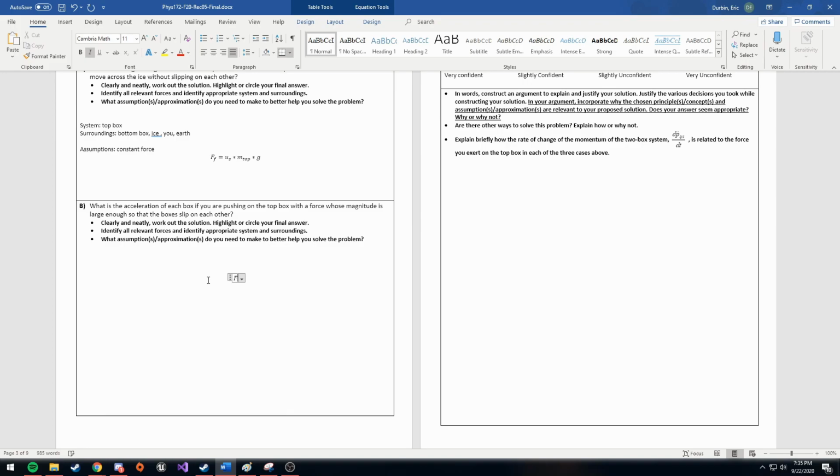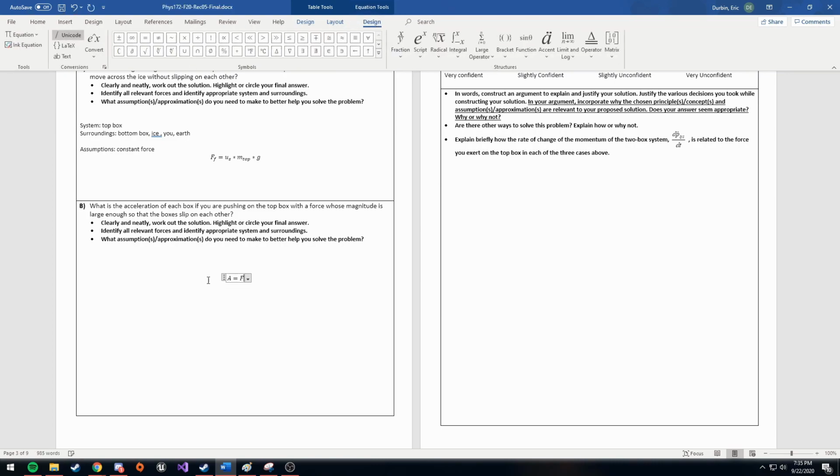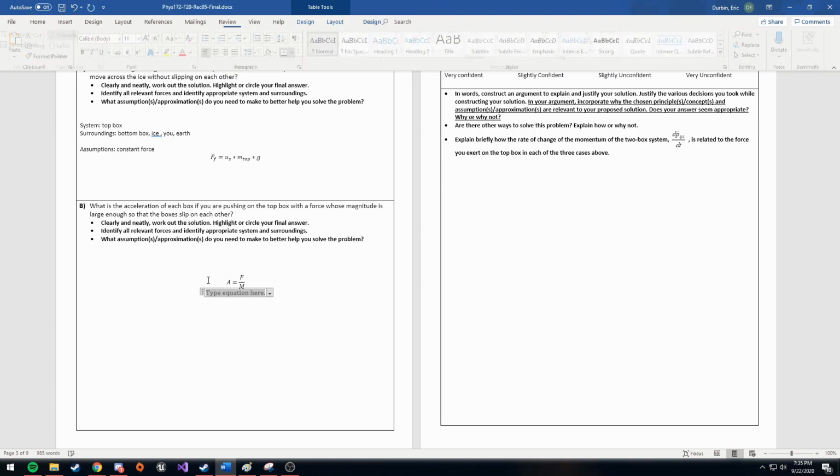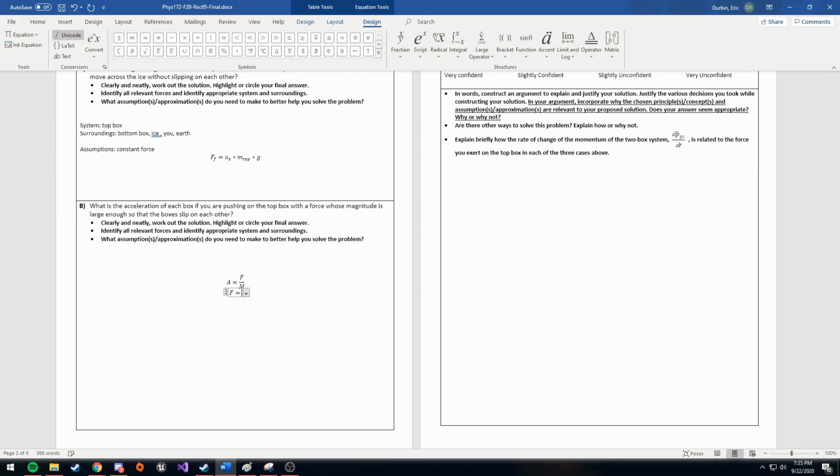So the top box, the force would equal, or I guess acceleration. So acceleration equals the force divided by mass. So force of the top, that would equal, oh gosh, I'm forgetting now. That would equal U minus, so the force of U minus the force of kinetic friction. Or I guess we can just put force of friction, and then we'll calculate force of friction in a sec.